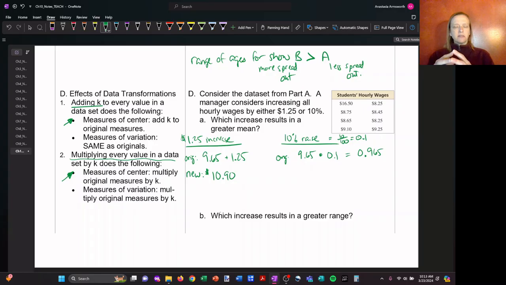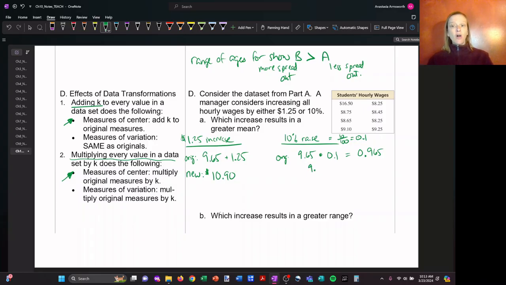Does this answer make sense? 96.5 cents. Is that the raise? Well, 96.5 cents is less than the original pay, less than that original amount, $9.65. This is the raise amount. This 96.5 cents needs to be added on to the original $9.65.